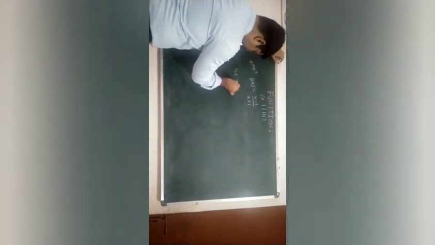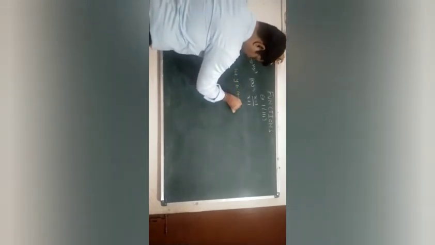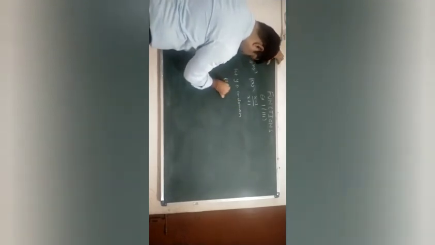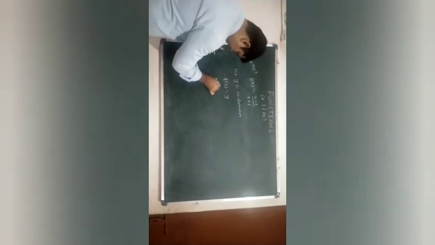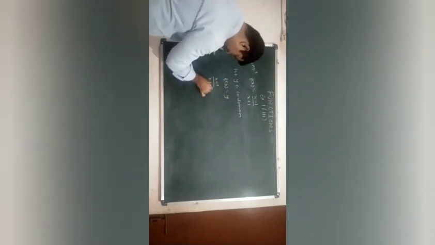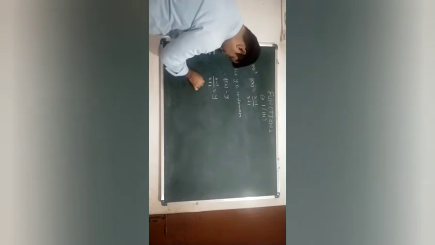Okay, so let us first find out the inverse. To find the inverse, we will put f of x is equal to y, where y belongs to the codomain, such that f of x is equal to y, and therefore x minus 1 upon x plus 1 is equal to y.